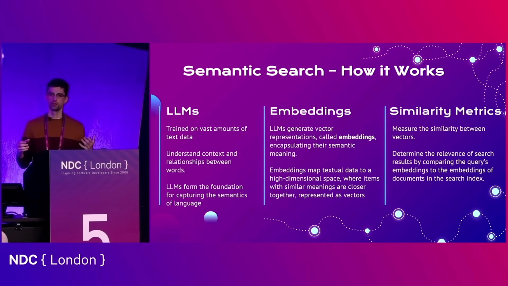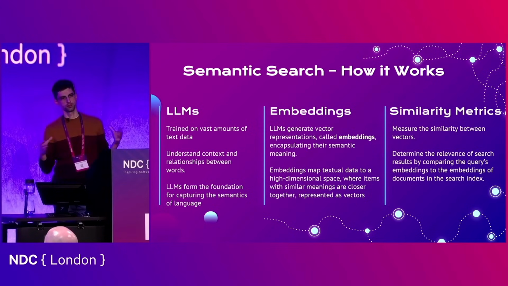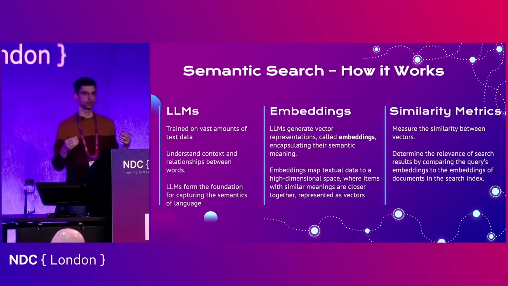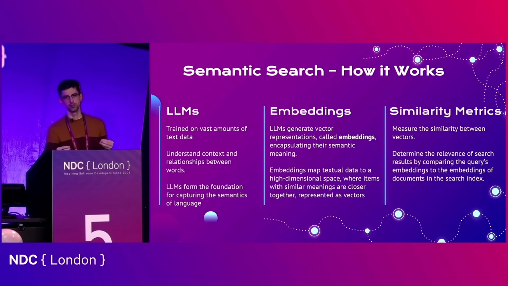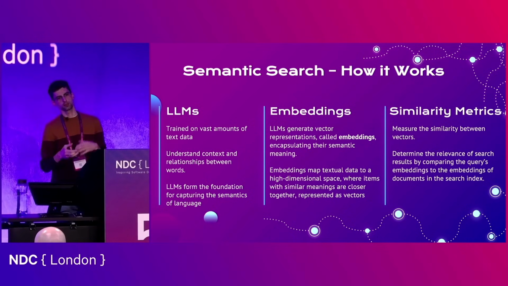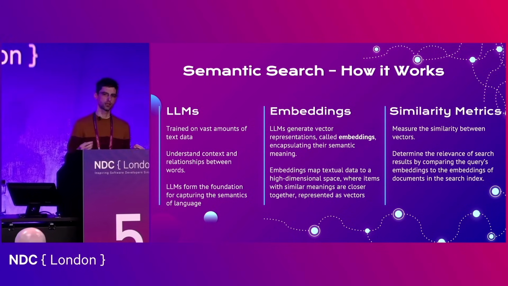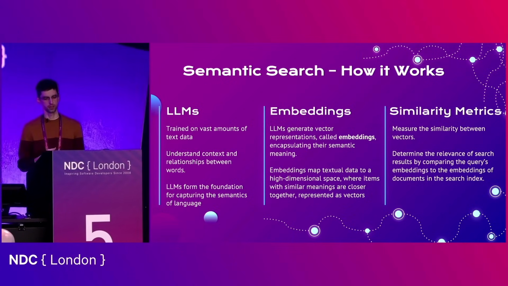We can use them to determine whether two different terms are near each other based on meaning, because when we have two vector embeddings, we can calculate the similarity or distance between them, and based on this, judge how close or far apart these two vectors are from each other.